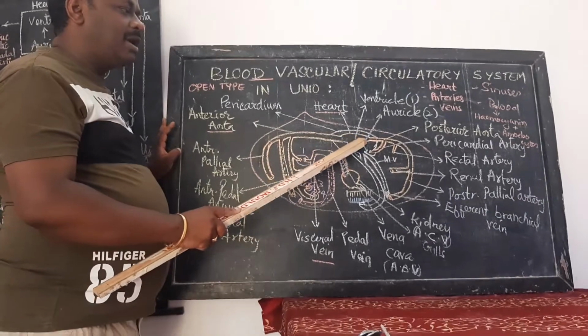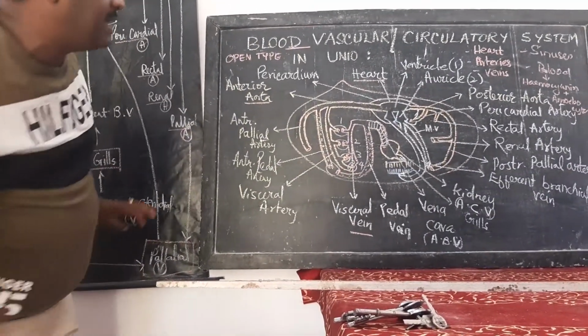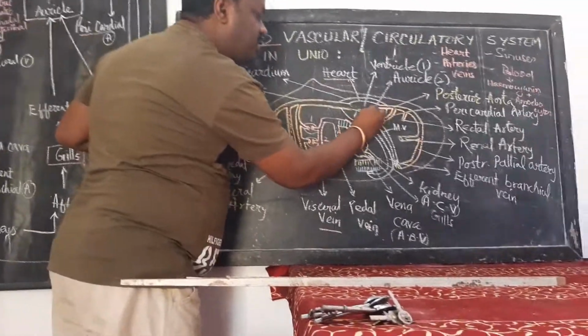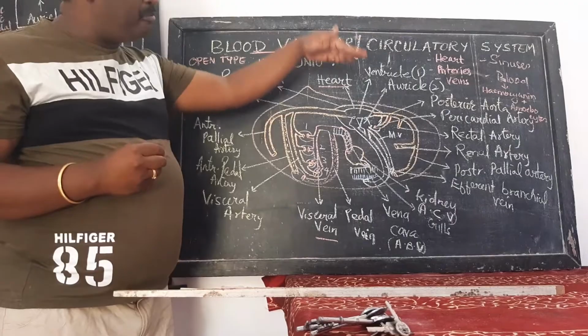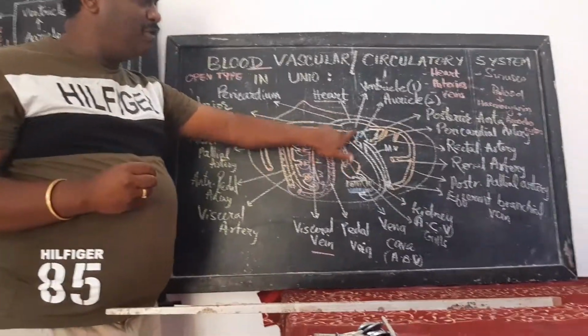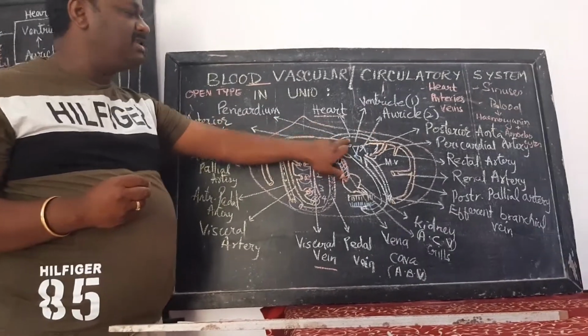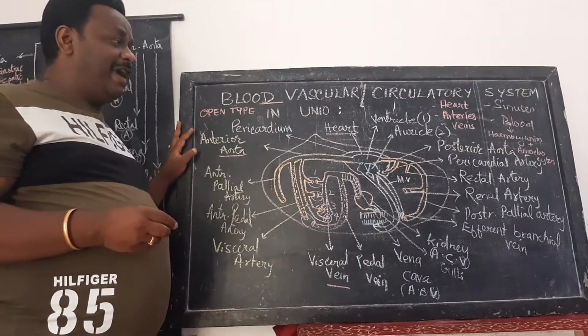These apertures are guarded by valves inside, referred to as auriculoventricular valves. They help in preventing backflow of blood from ventricle into auricles. So backflow of blood from ventricle to auricle is prevented by these auriculoventricular valves.